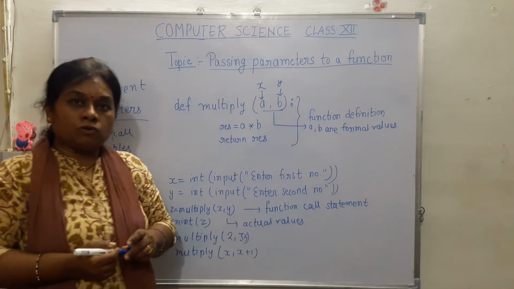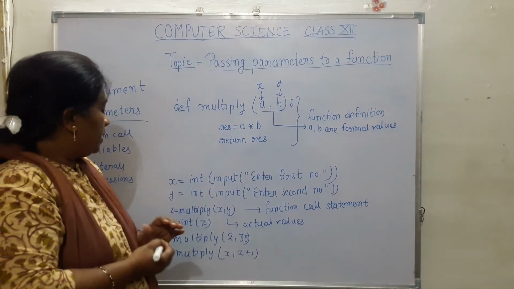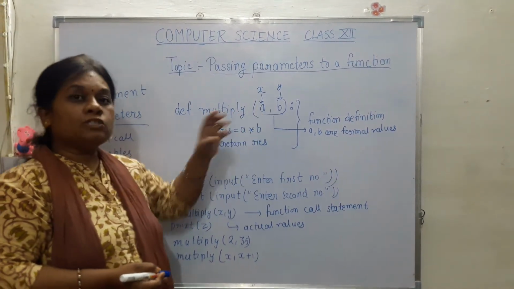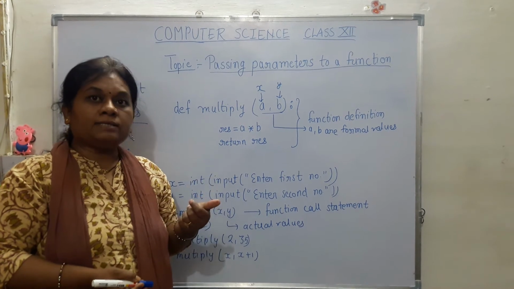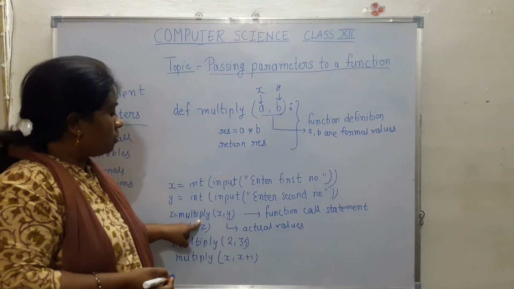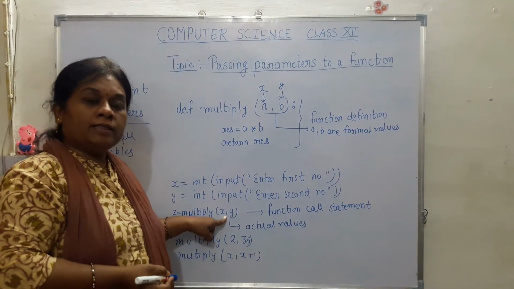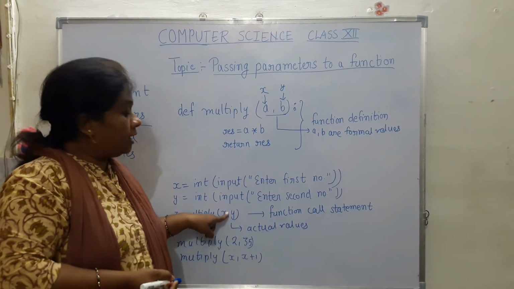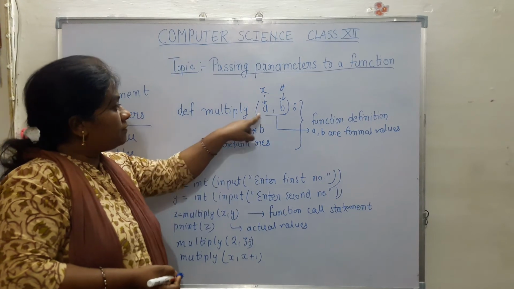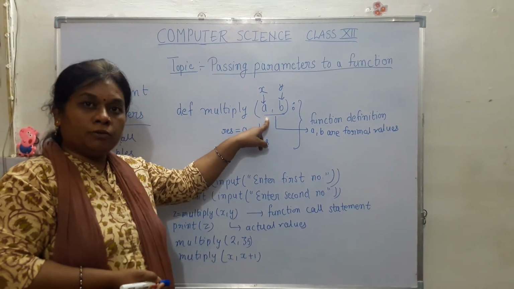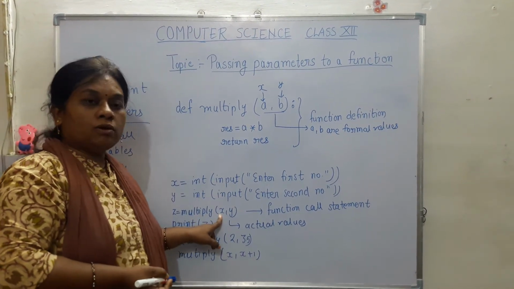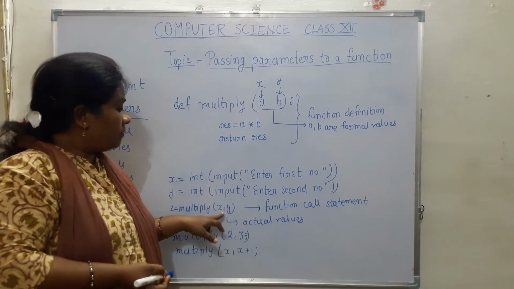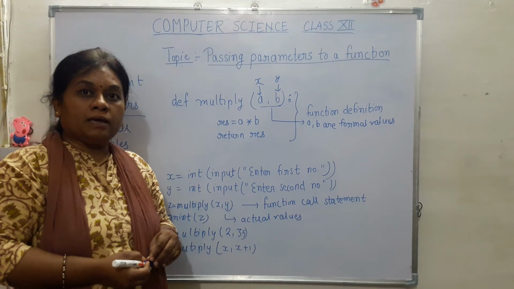One thing to note is that if a function definition requires two variables to calculate something, then the function call must present that many values. If this function definition is taking two arguments, then through the function call statement we must pass two arguments. Otherwise it will give an error.